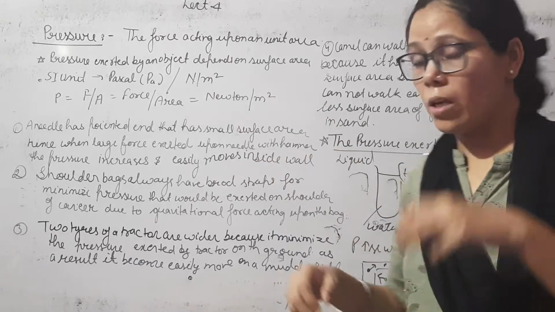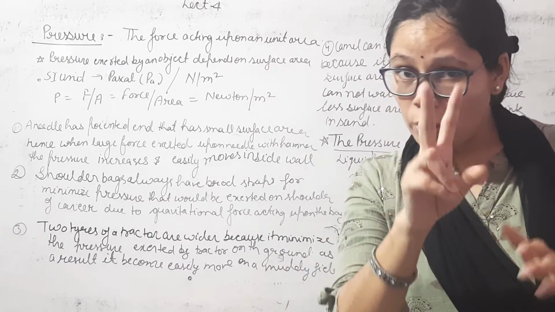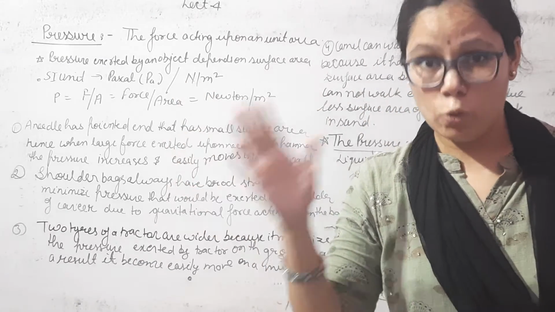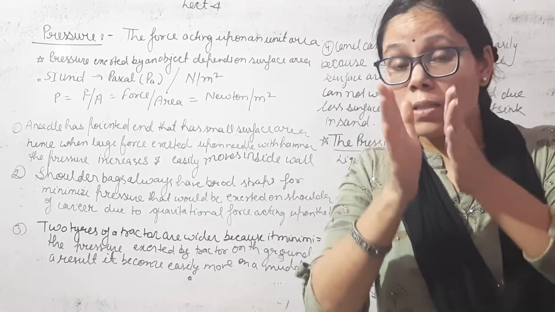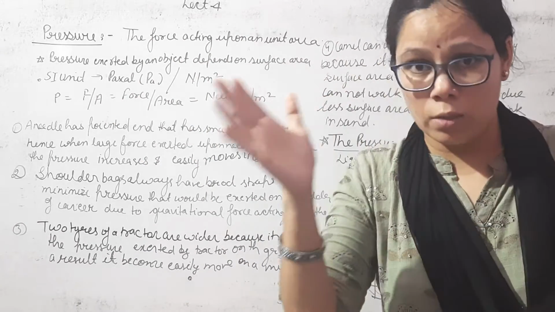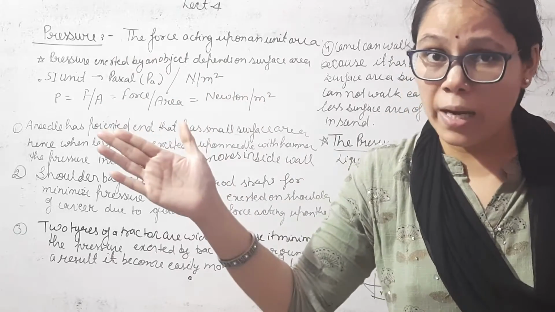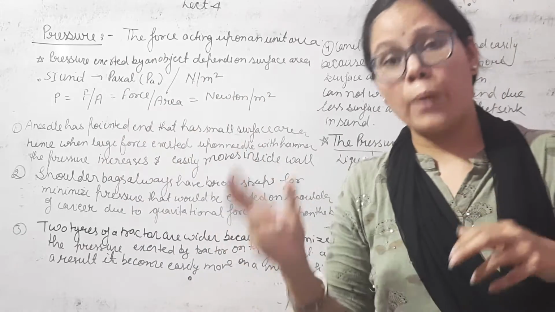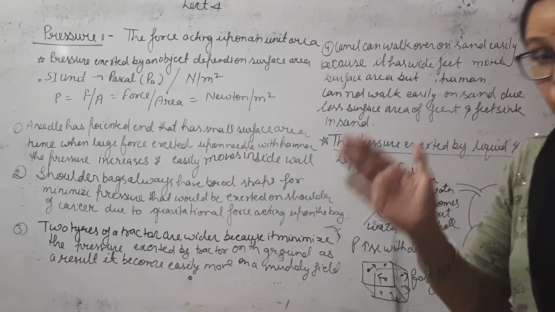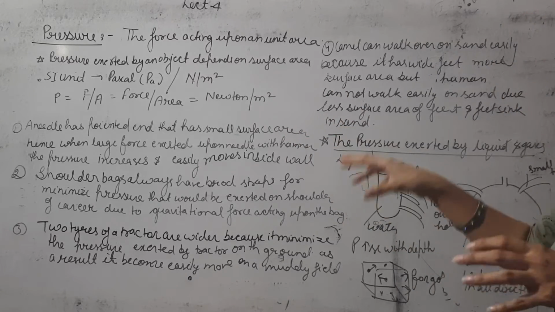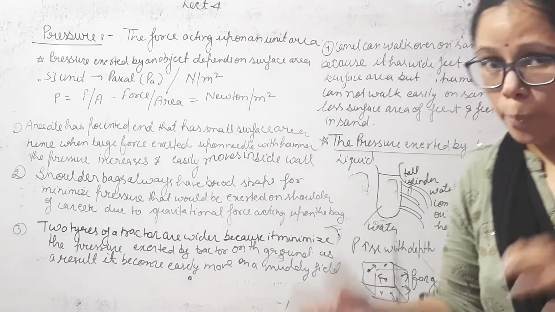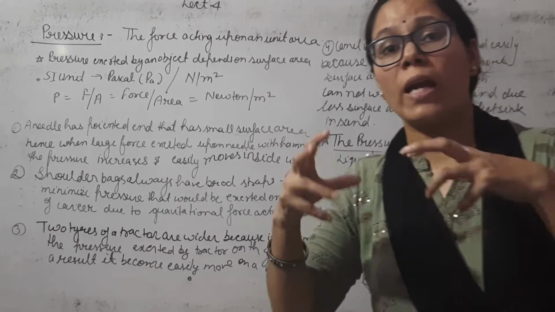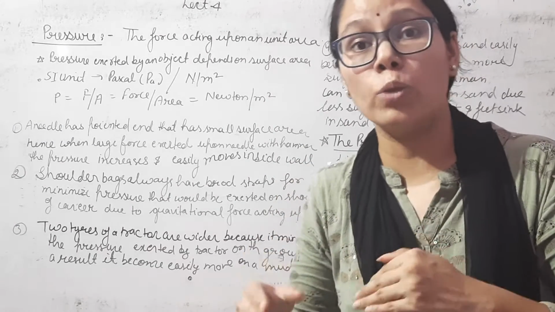Now third application: in a tractor, the two tires are very wide. Why? Because the area of the tires is bigger. If area is bigger, then pressure is minimum. It minimizes the pressure exerted by the tractor on the ground, so the tractor easily moves in the muddy field.